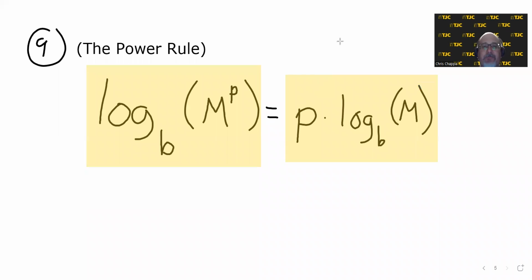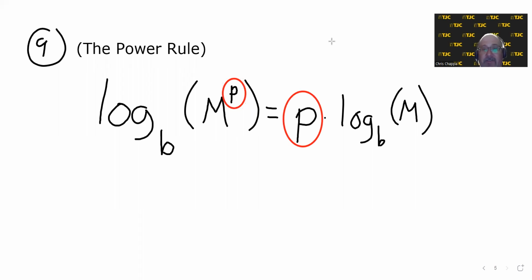So that's all the power rule says. It says if you take a log of something with the power, you may pull the power off and put it in front of the log. Or in reverse, if you've got a number in front of a log, you can move it inside as a power. Now, this is a very, pardon the pun, powerful rule for 2 reasons. Number 1, it's the only rule where we are permitted to take something inside the logarithm and move it outside.